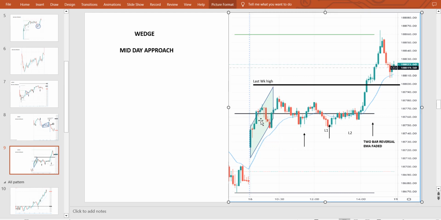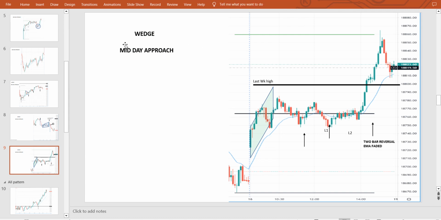We can consider this a wedge pattern: there are 3 pushes up, 3 consecutive candles, but it is not good looking, so we didn't take it as a wedge pattern.